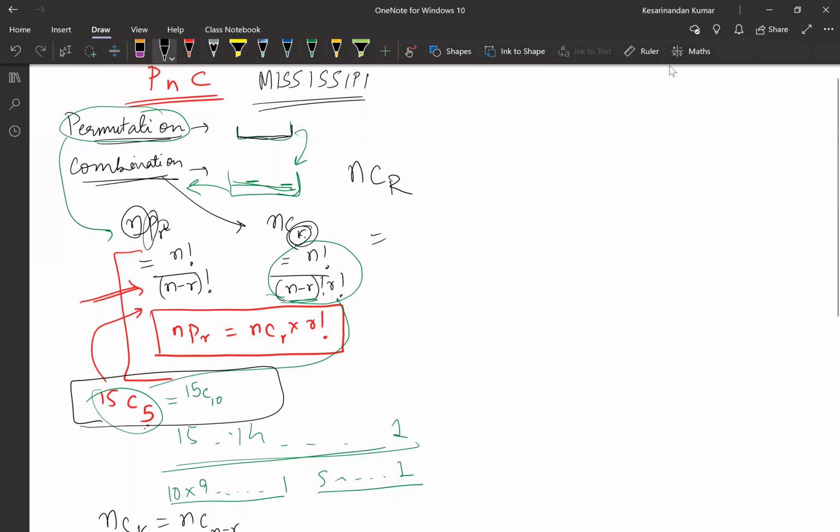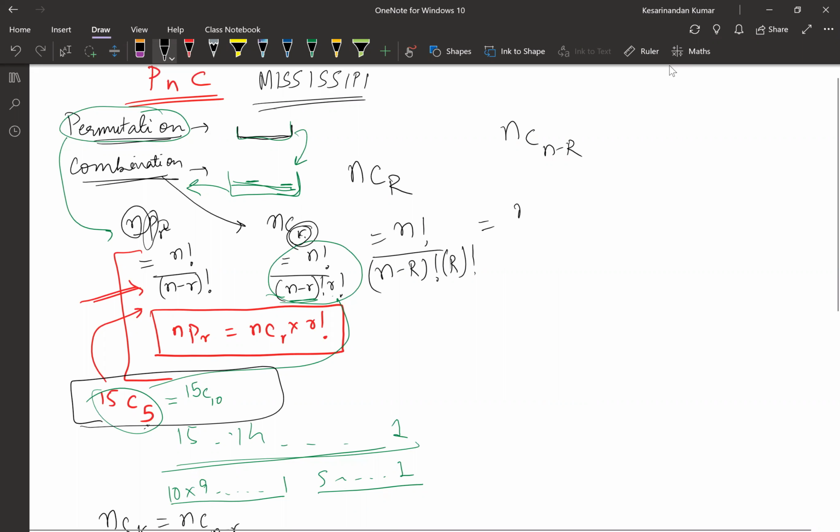So how will you deduce the formula from here? n factorial by (n minus r) factorial into r factorial. Perfect. And what will be nC(n minus r)? Let's do that as well. That would be n factorial upon (n minus, because this is our new small r, right?